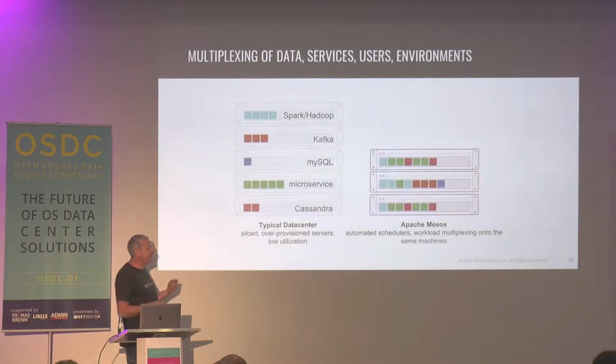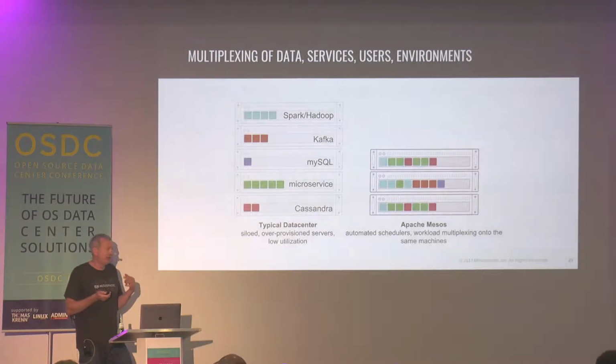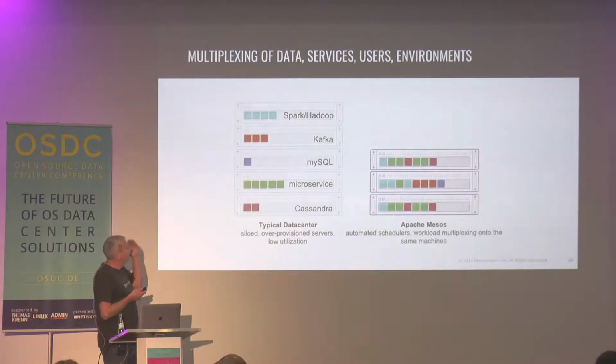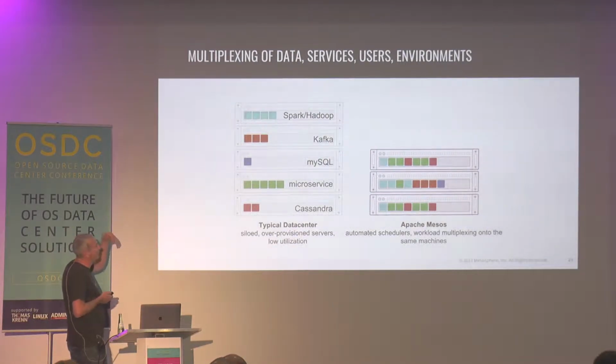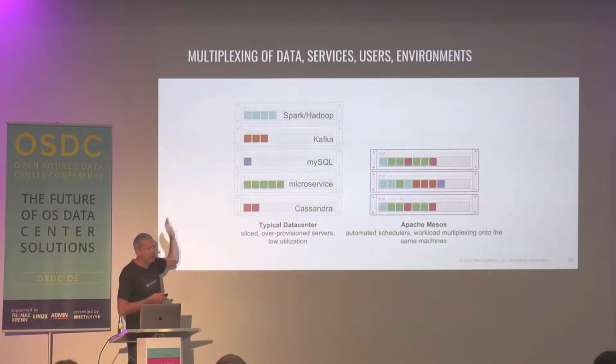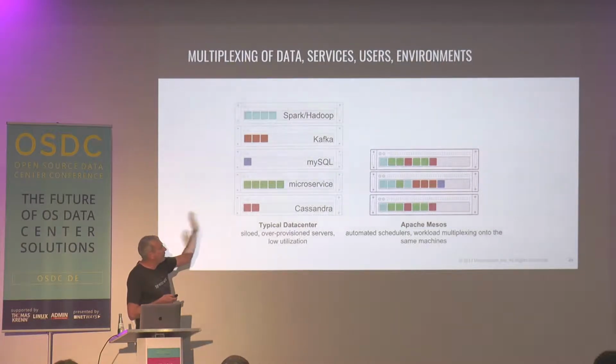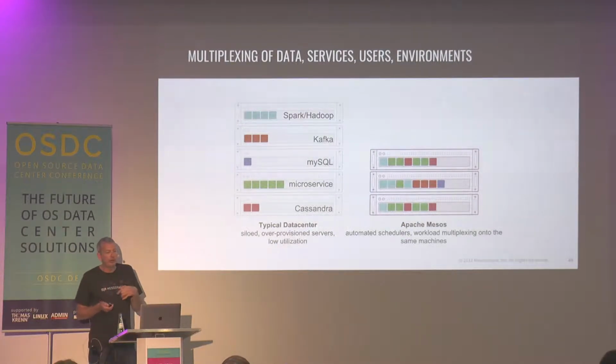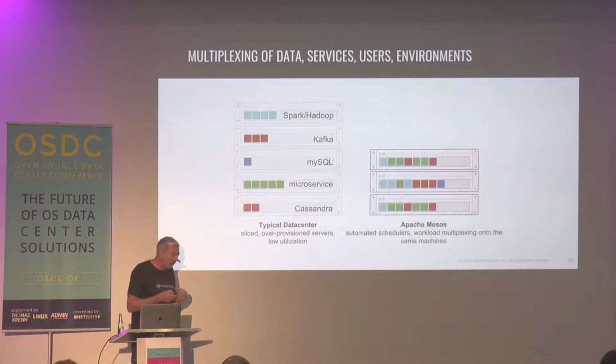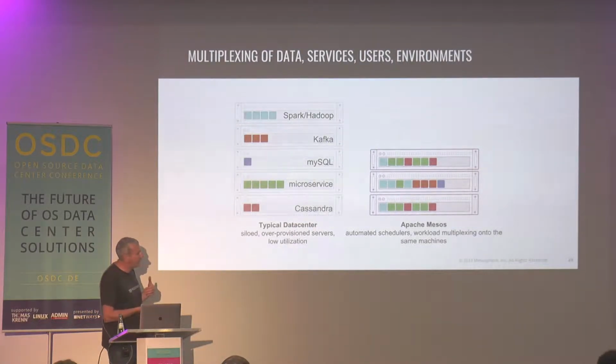And so what does that mean for our data center in a very broad brush sense? This is a slightly different view of that static partitioning on the left, where we see single machines or groups of machines allocated to a particular workload. What happens in Mesos is that those workloads are multiplexed together onto individual machines. And so we get much higher density.